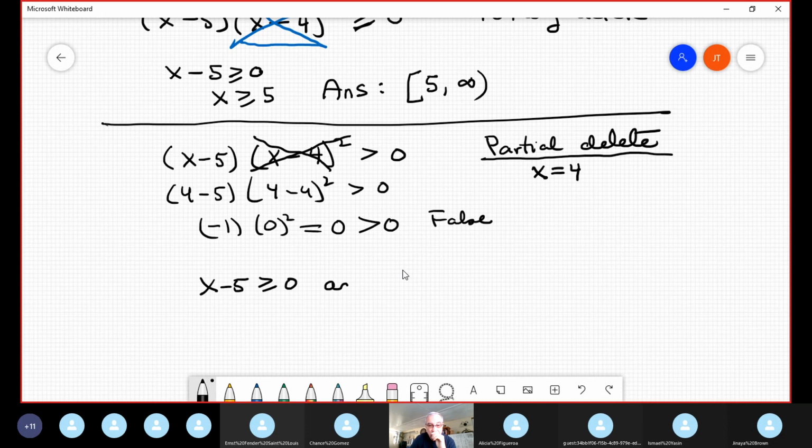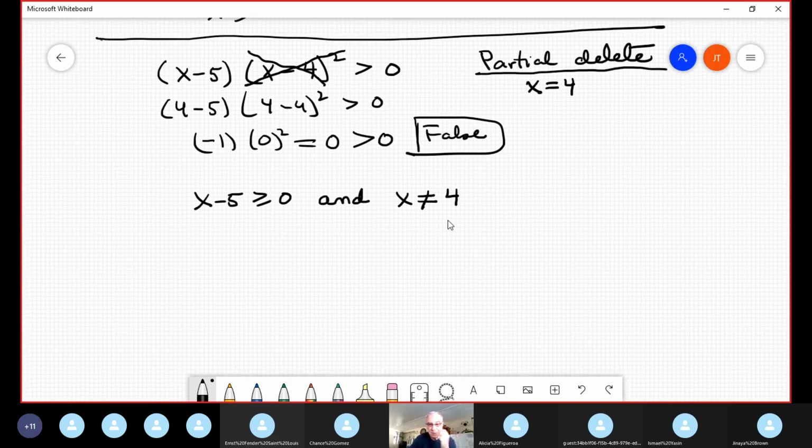You include one restriction: x not equal to 4, because I know 4 causes a problem for the conditional. Now you solve this compound inequality, exactly the same as in intermediate algebra: x greater than 5 and x not equal to 4.